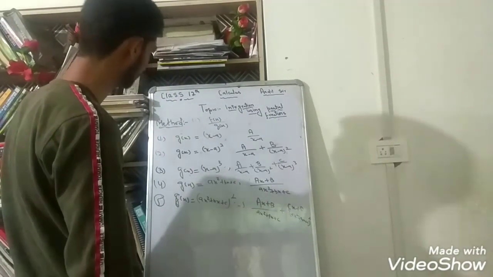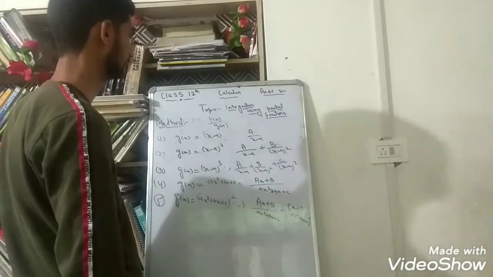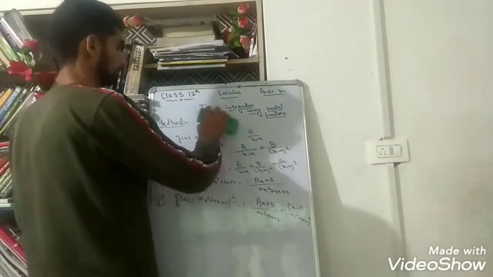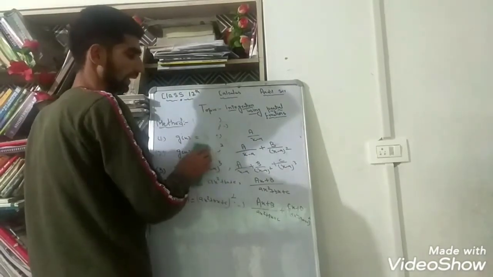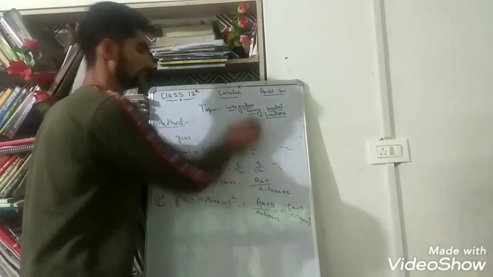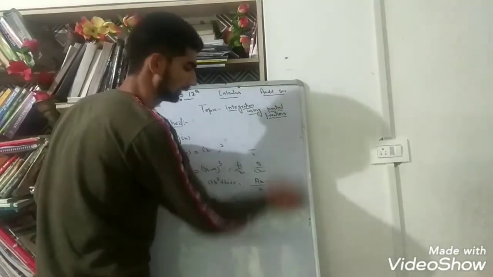Now, beta, we will try to solve some examples, with the help of which you will understand this method, beta. In this method, first we have to check whether the function is proper or not.